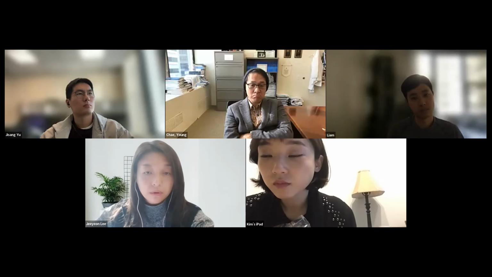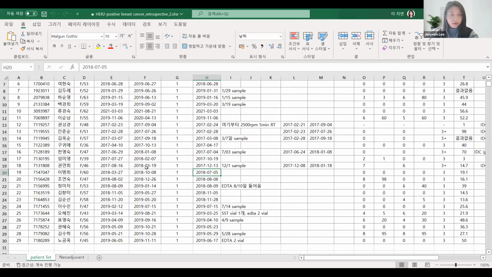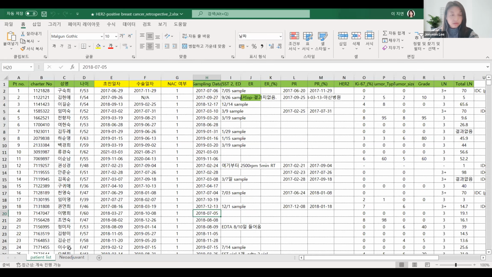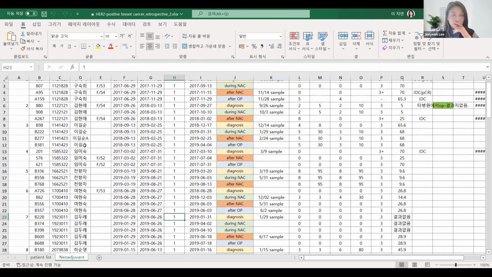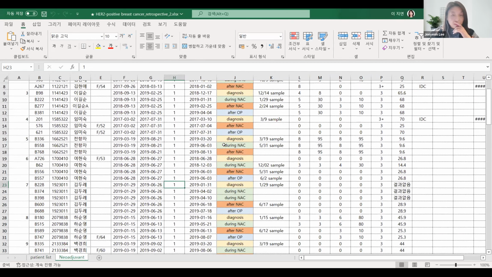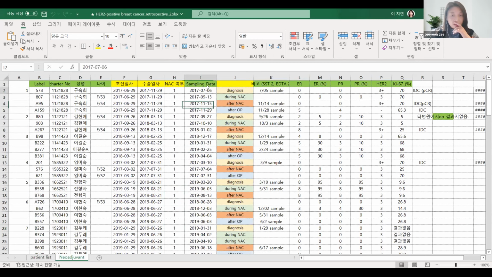Oh, I'll show you the X5. These are the patients. Yeah, these are the series. So the samples started in 2017.